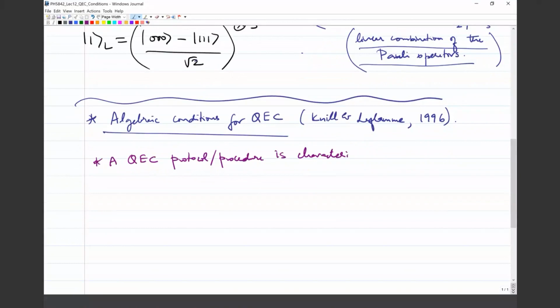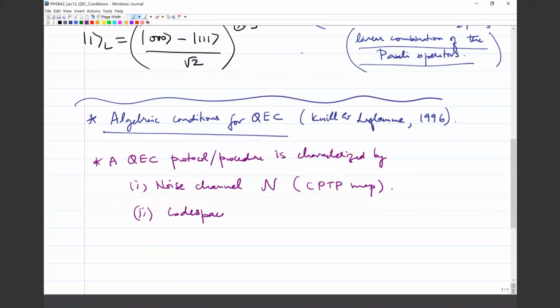by, well, first the noise channel, right? So I will call this N, and this is some CPTP map. Second, if it's an error correcting protocol, there has to be a code, and the code is characterized by a code space C, which is a subspace of some larger Hilbert space.